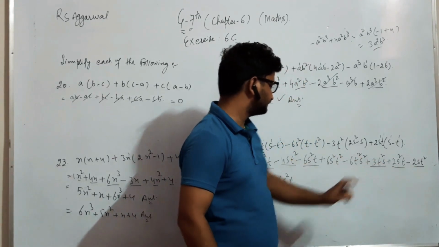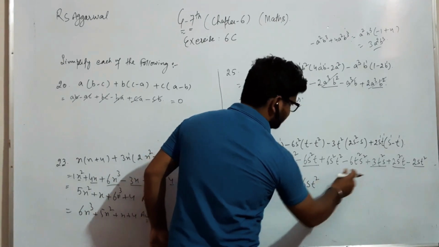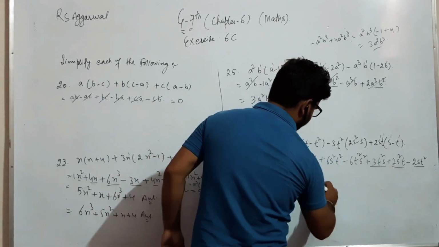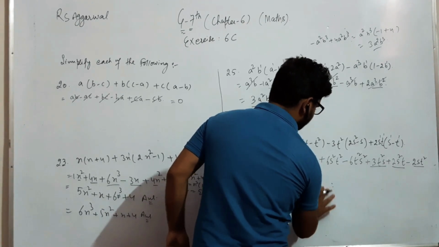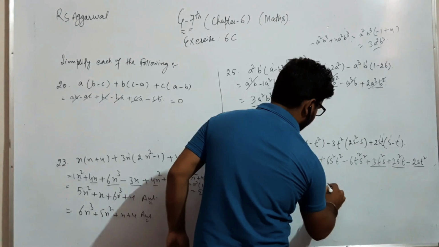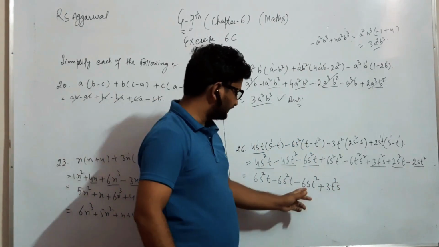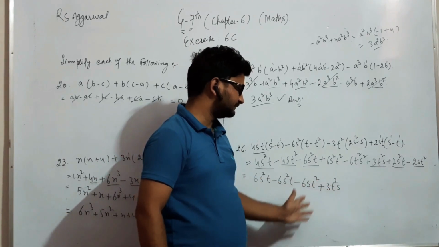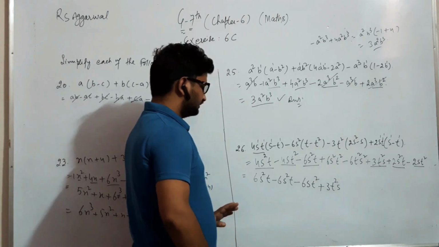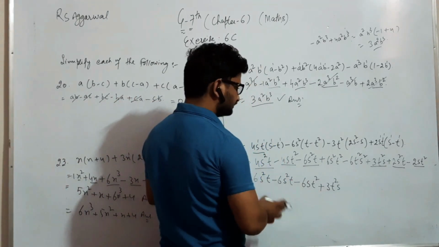Minus 6 plus. So we write minus 6 s t2. Then write this, this is plus 3 t2s. So this is the one and the same thing. If we write st raised to power 2 or t square s, this is the one and the same thing. These are like terms. In multiplication we write first s or first t2, both are the same thing.